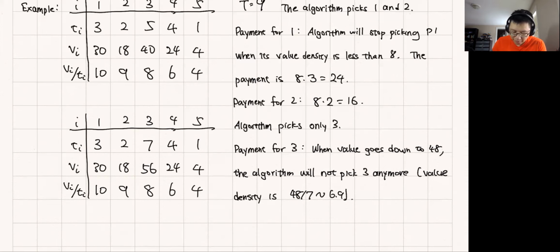So the payment here is just 48. Above 48, the algorithm will pick 3, but below 48, the algorithm will not pick 3. So that is when that happens.